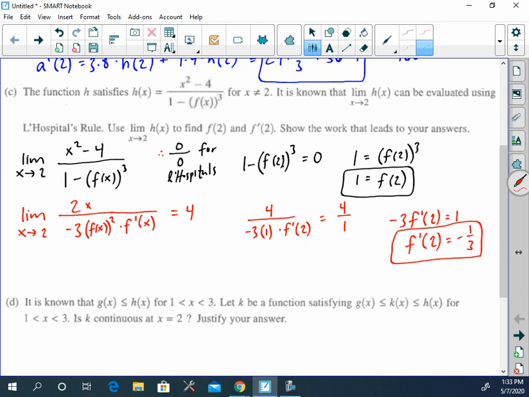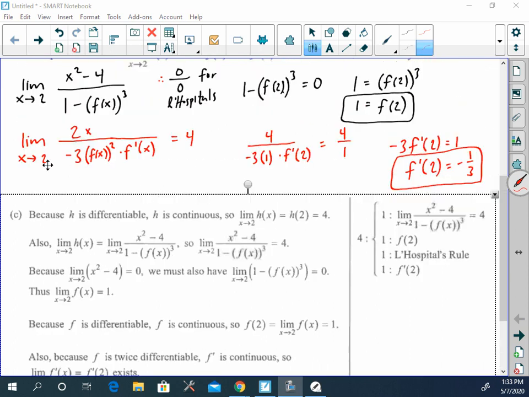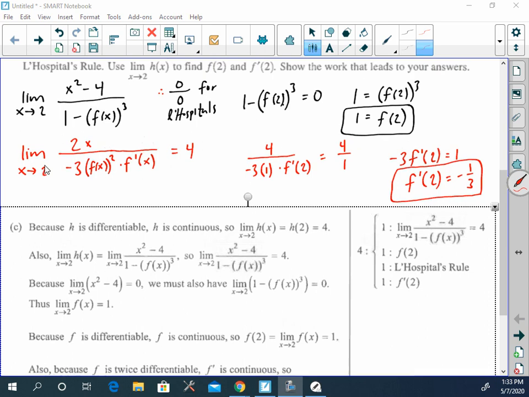Okay, now this one, looking at the key, I'm just going to drag it. Okay, here's the key for part C. So there's 4 possible points. So it says if you realize that the limit was going to equal 4, that was a point. So I did that. Well, yeah, I did.